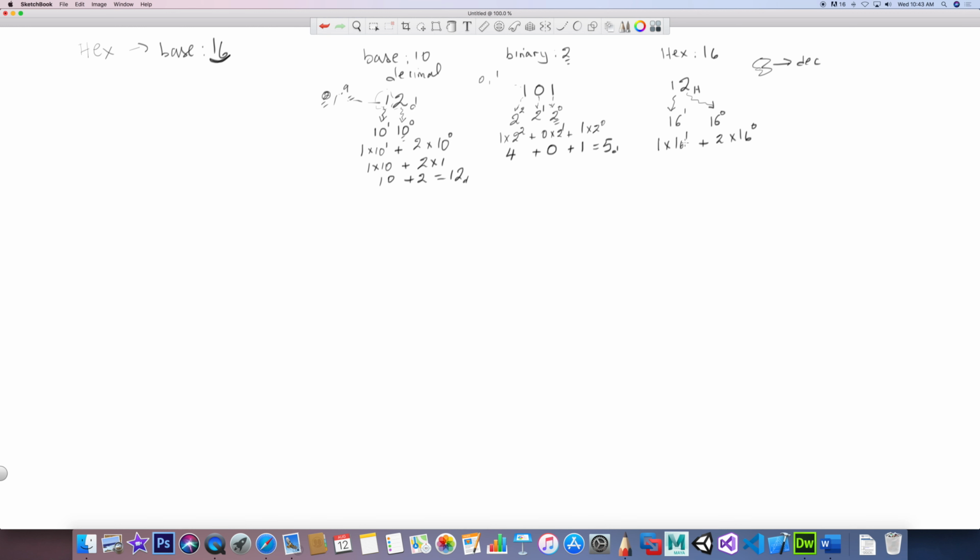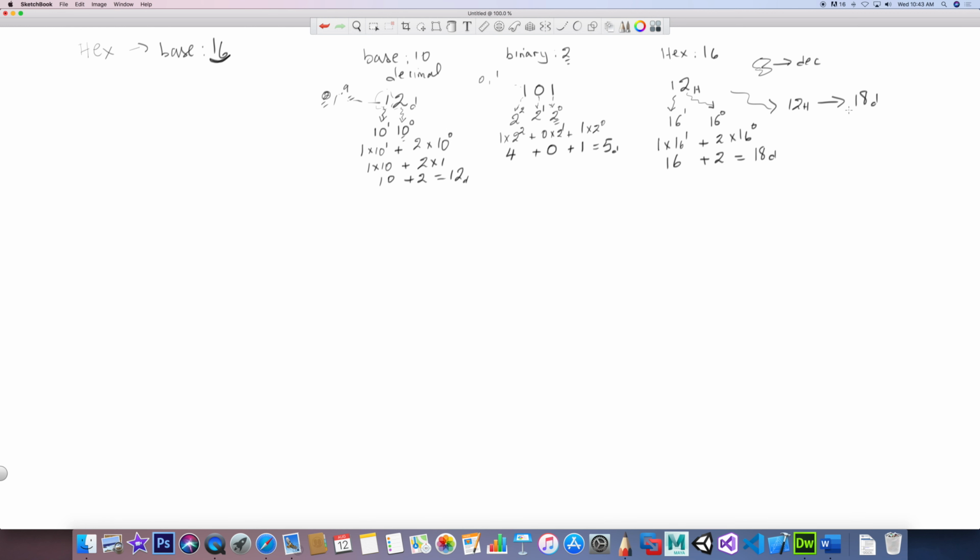So 16 to the 1 is 16, so that's times 1. Now, what is 16 to the 0? It's a 1, and that's a 2. So what is this value? 18 in decimal. So in other words, 12 in hex is 18 in decimal. As you can see, visually there is a shift here, so don't let that fool you, right?